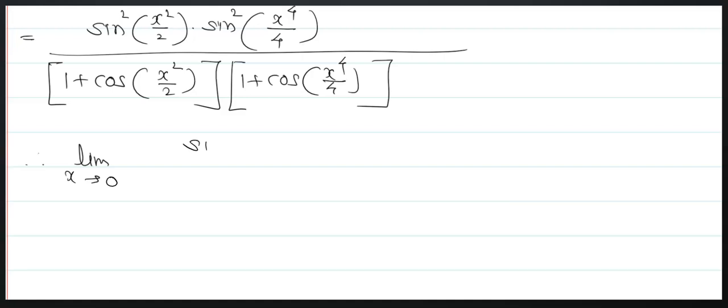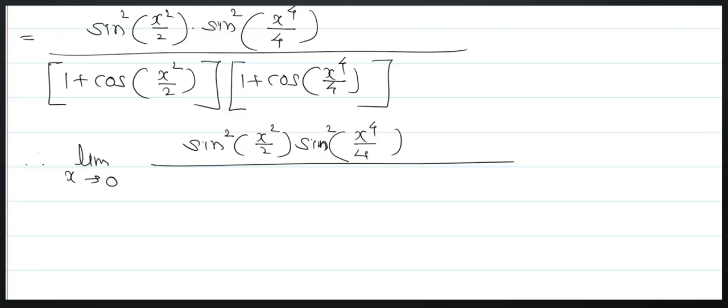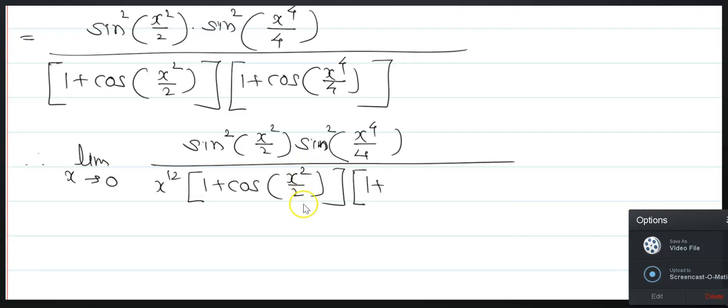Therefore, now we take the limit. sin²(x²/2) and sin²(x⁴/4), in the bracket x raised to 12, into 1 plus cos(x²/2), next bracket 1 plus cos(x⁴/4).